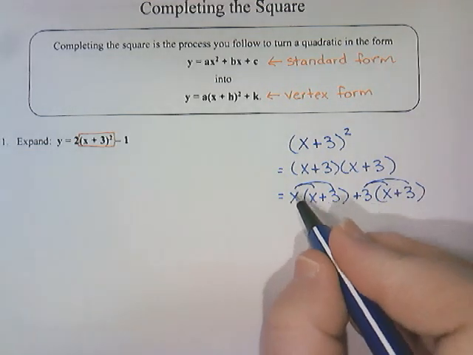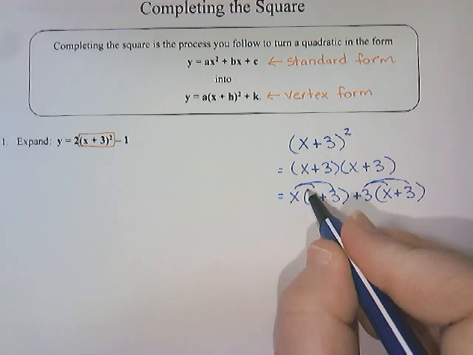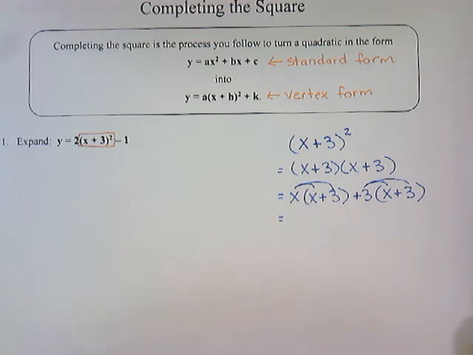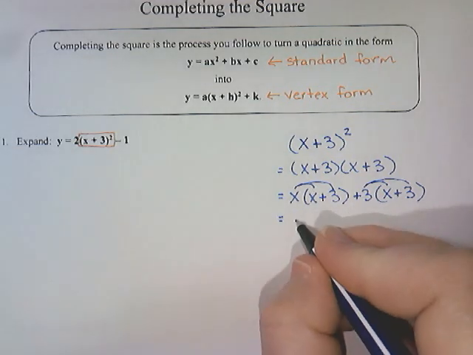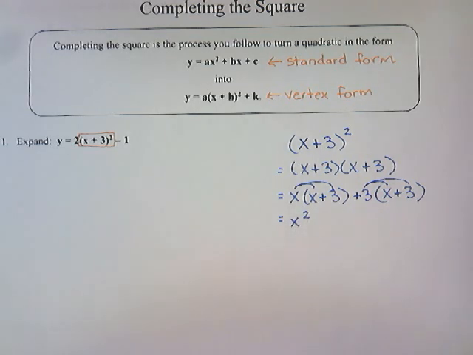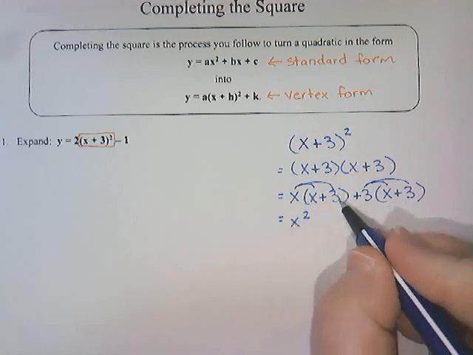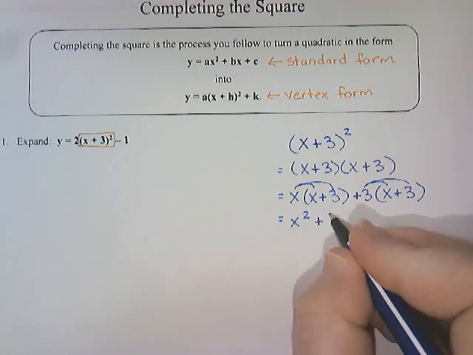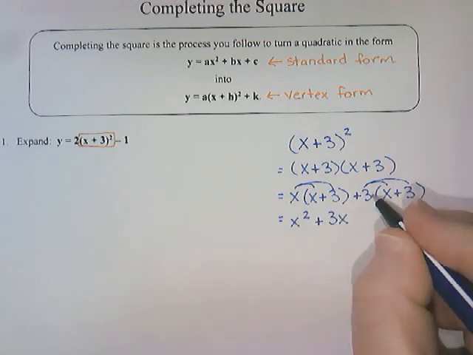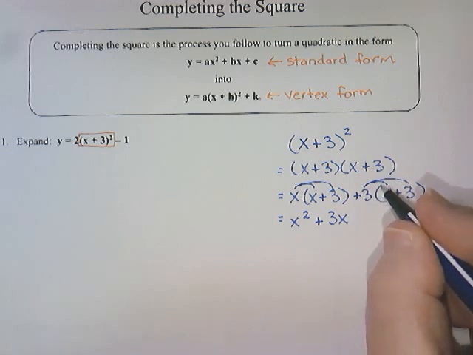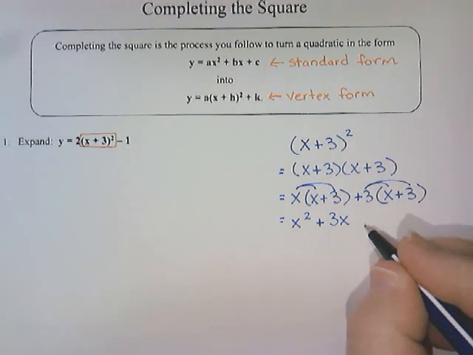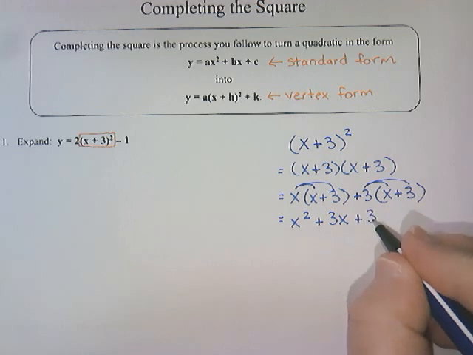So x times x, that is a secret 1x times 1x, would give me 1x squared, or in this case, I'm just going to write x squared. x times 3, or 1x times 3, would give me 3x. 3 times x, or 3 times 1x, is 3x.